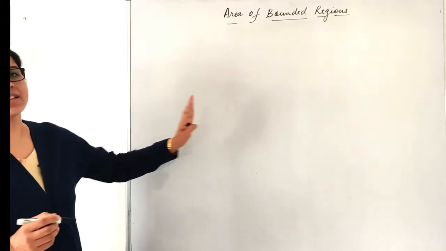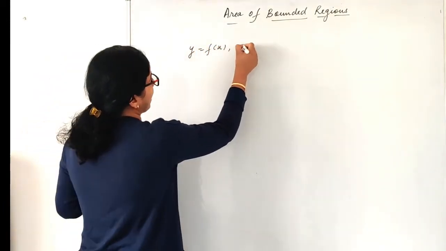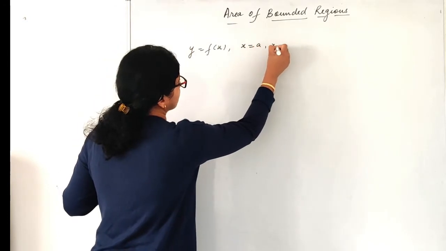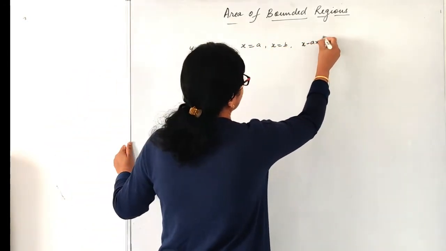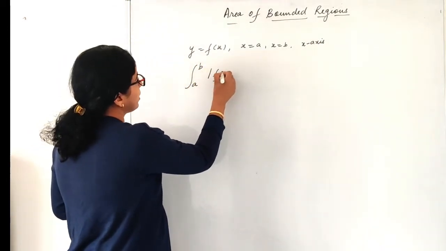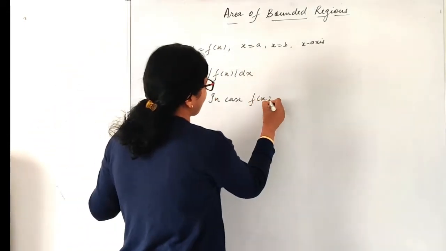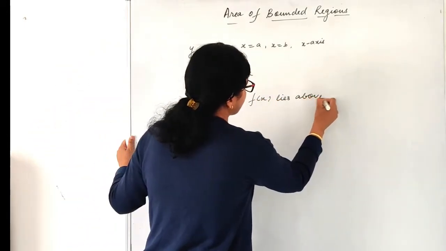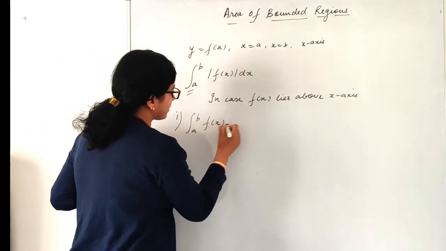Now let us check some remarks regarding it. The area bounded by y = f(x), x = a, x = b, and the x-axis will be equal to the integral from a to b of |f(x)| dx. In case f(x) lies above the x-axis, this area will become the integral from a to b of f(x) dx.